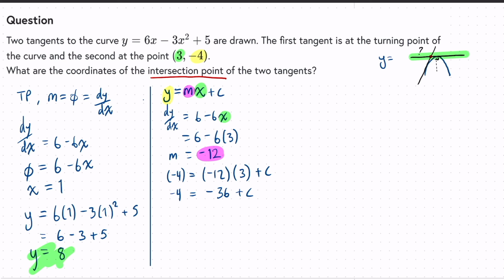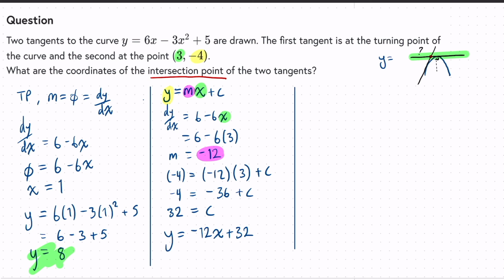If I add 36 to both sides, I get, a Freudian slip, 32, and that's what c is. So y is equal to -12x plus 32.